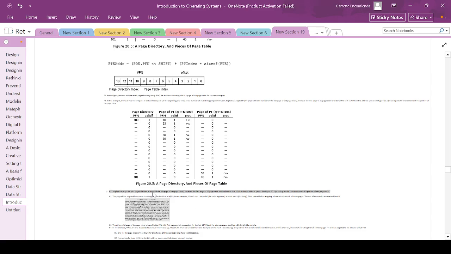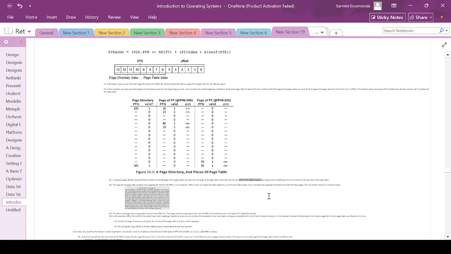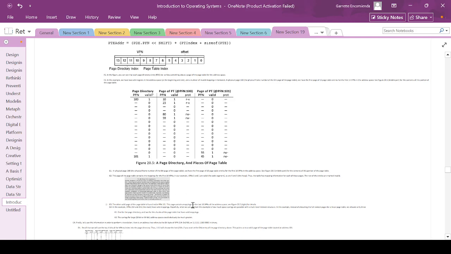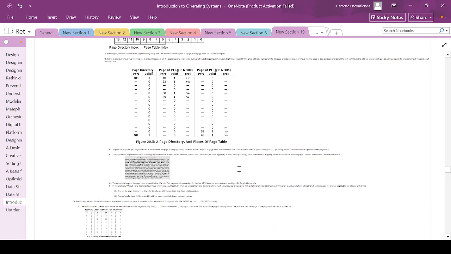In physical page 100, the physical frame number of the zeroth page of the page table, we have the first page of 16 page table entries for the first 16 VPNs in the address space. This page of the table contains the mappings for the first 16 VPNs. In our example, VPN 0 and 1 are valid.